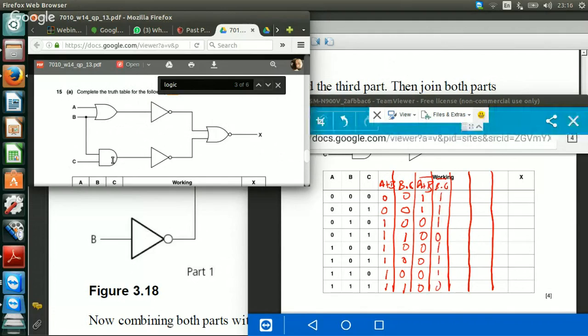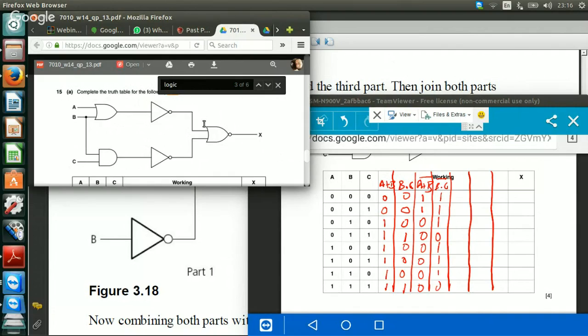Now we have found everything except this last gate. This is a NOR gate, the opposite of the OR gate. What are the inputs of this gate? This whole thing. Even if you ask me to write the equation, I'll do that after I've finished this whole truth table.